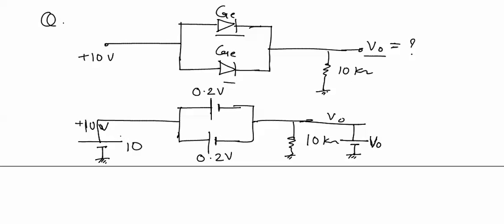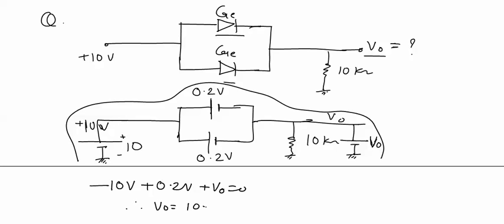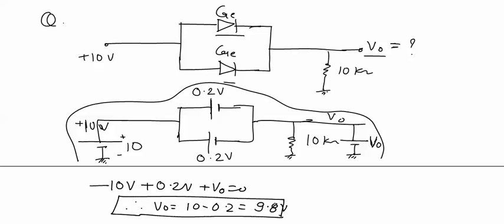This is the 10 volt battery, and I will apply KVL in this loop to calculate V0. With the KVL equation in this loop, minus 10 volt plus 0.2 volt plus V0 equal to 0. Therefore, V0 will be equal to 10 minus 0.2, equal to 9.8 volts.